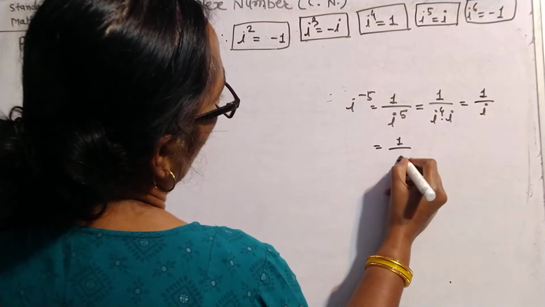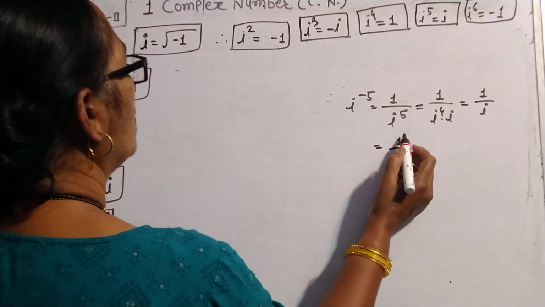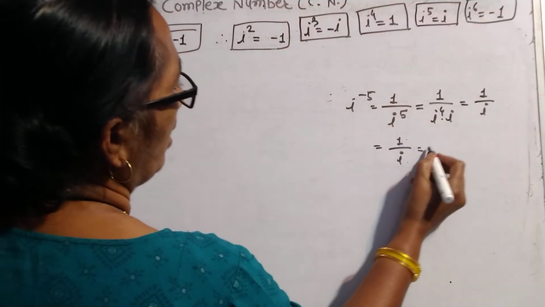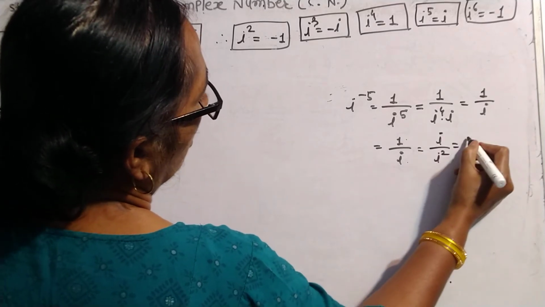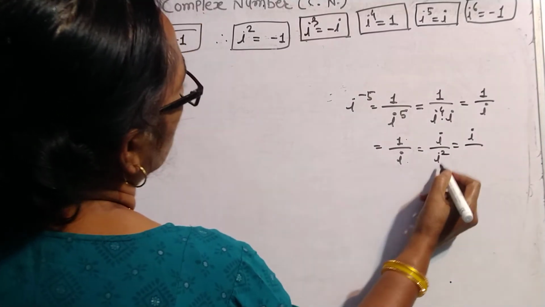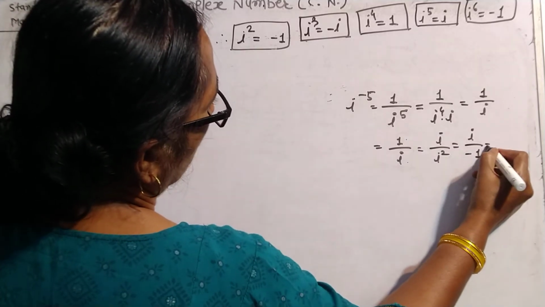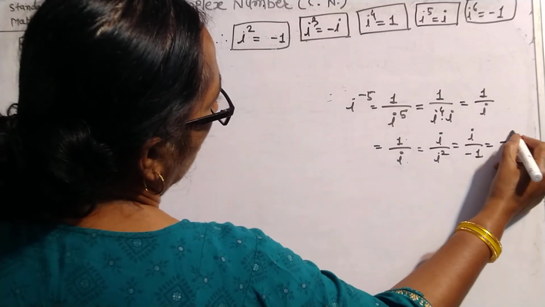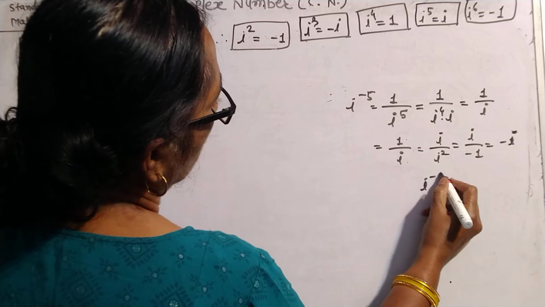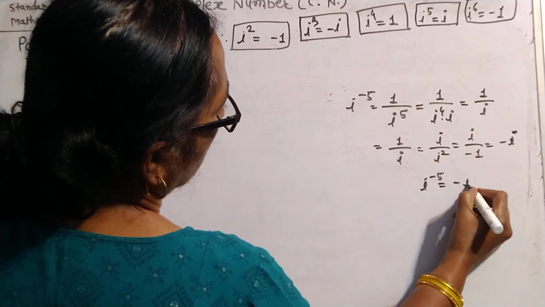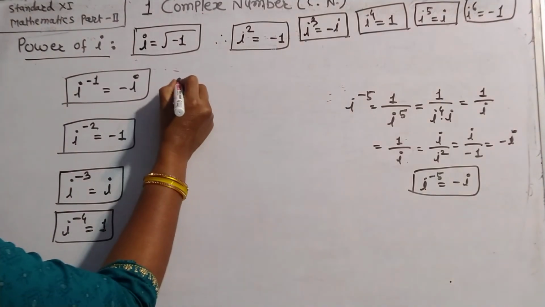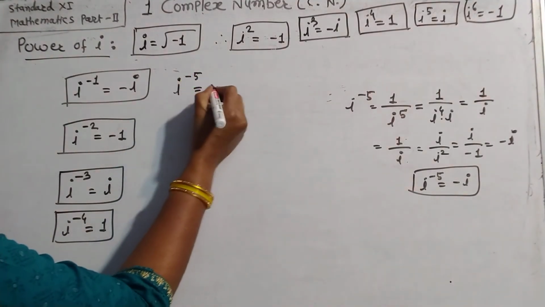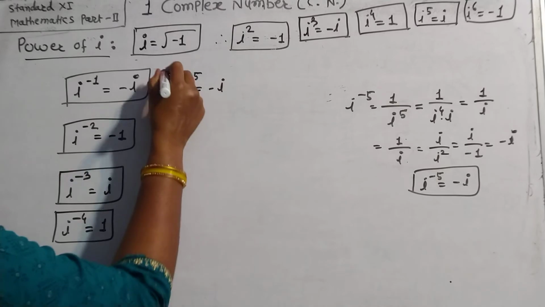Now multiply numerator and denominator by i. Therefore i divided by i square, and i square is minus 1, means minus i. I raised to minus 5 equal to minus i.